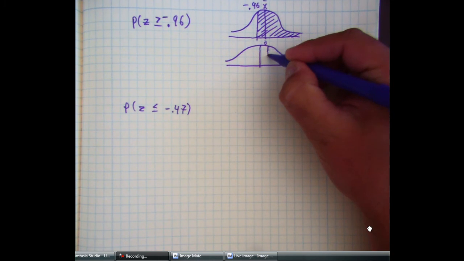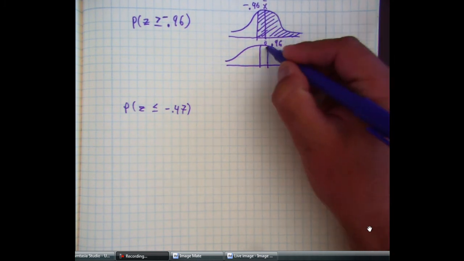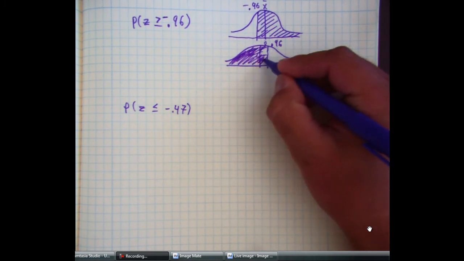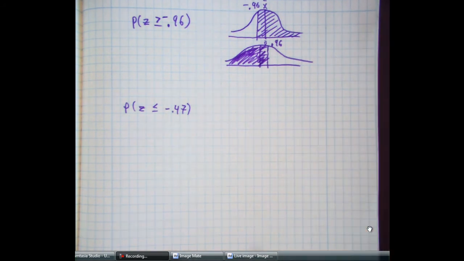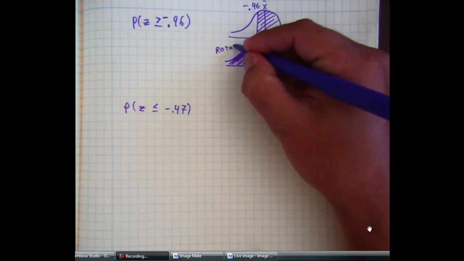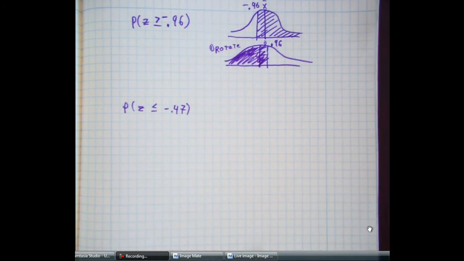If I rotate this around, I'm going to have 0.96, and instead of shading to the right, it's going to be shaded to the left. So the first thing you'll want to do is rotate the normal curve and draw it.